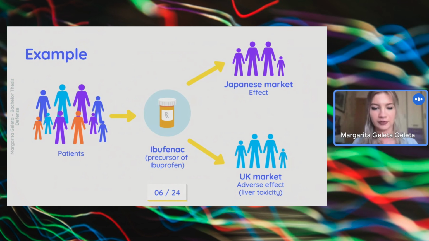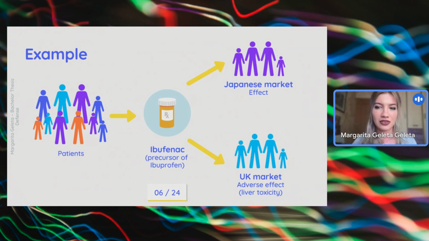Just to give you an example, before ibuprofen was on the market we had another drug, which worked quite well in the Japanese market. Worked quite well means that a relatively small proportion of patients had adverse effects. However, this was not the case in the UK market.